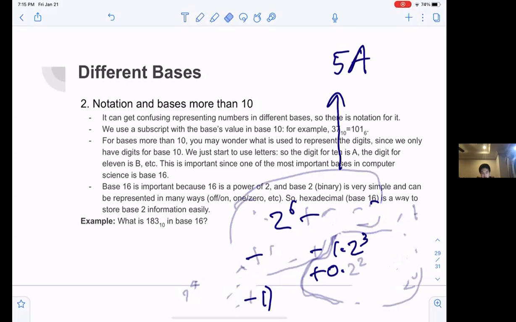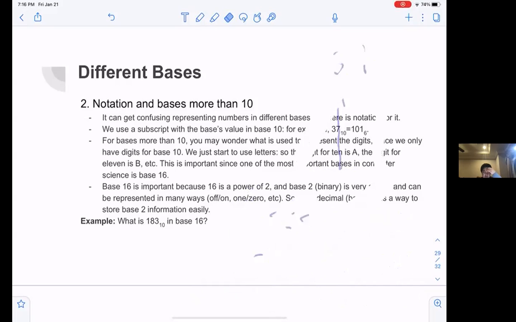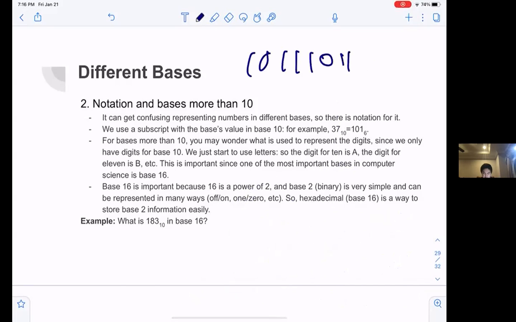Let's just try something really random and convert to base 16. So we take them in groups of 4 like this.